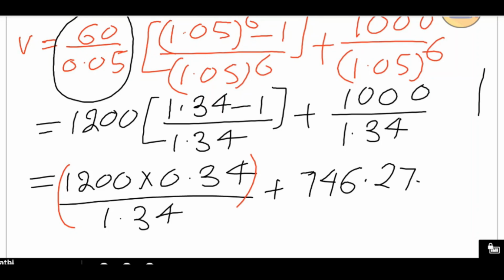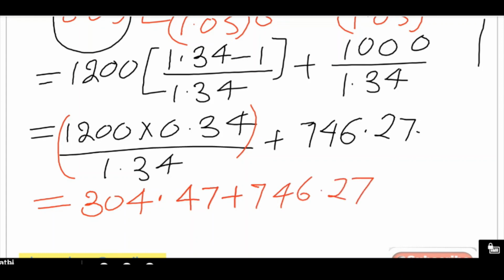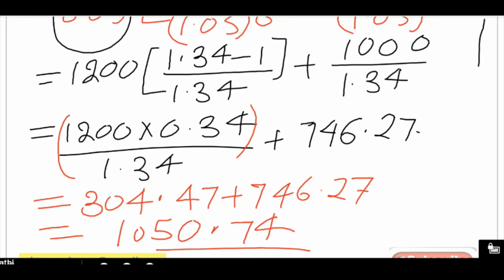If you calculate, you get 304.47, rounded off, plus 746.27. You add all these values, and we'll get 1050.74. So in this way we can calculate the value of the bond.